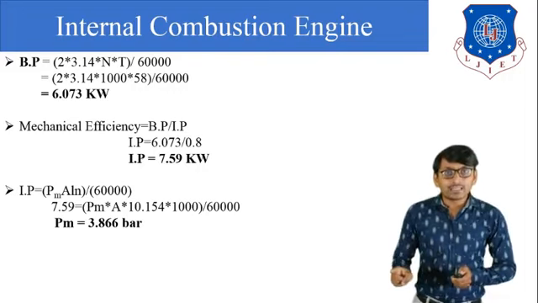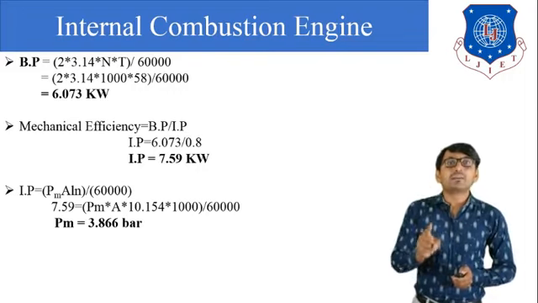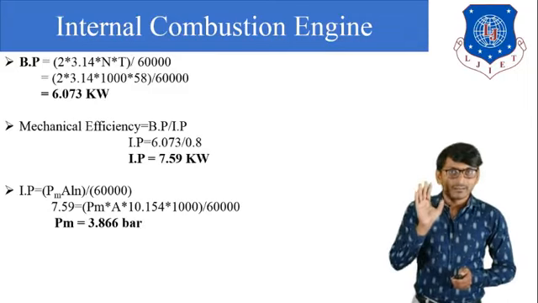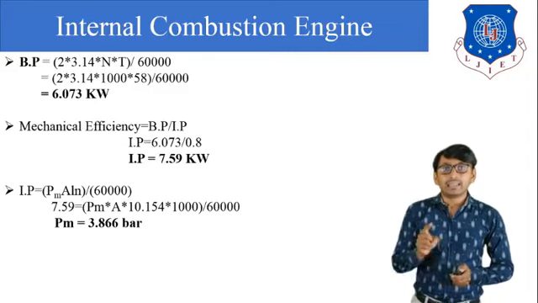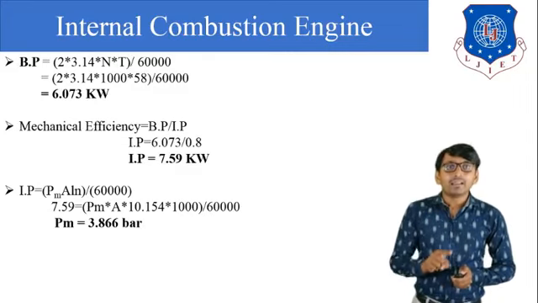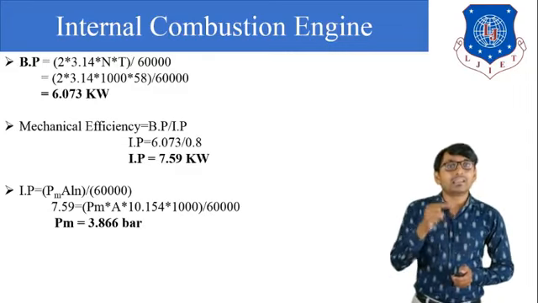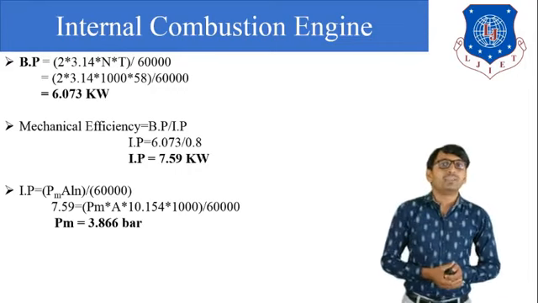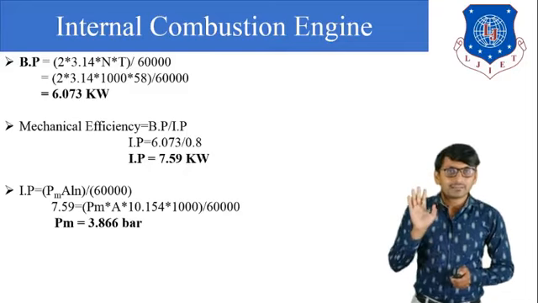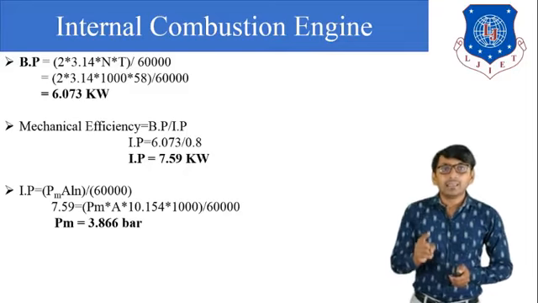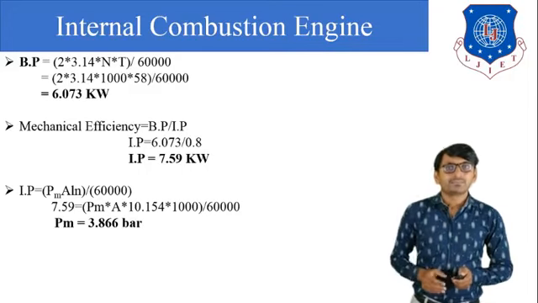In two-stroke engine, small n is equal to capital N. So by putting value of all of this, and area, that is pi by 4 d square, d already given in example. So we get PM is equal to 3.866 bar. PM, mean effective pressure.